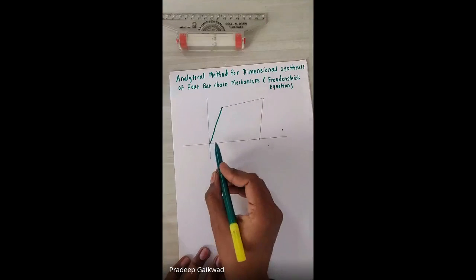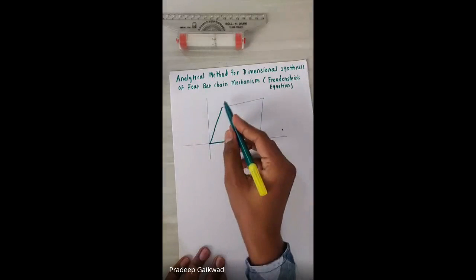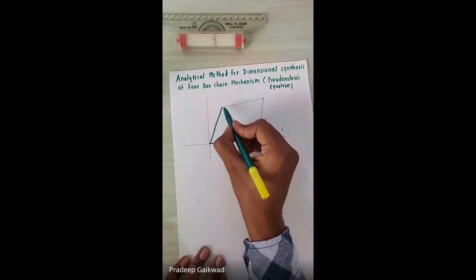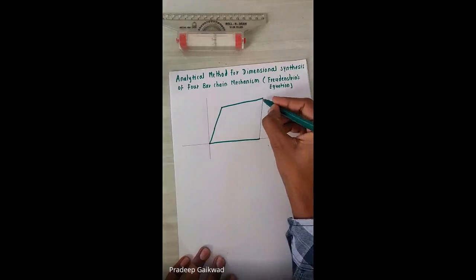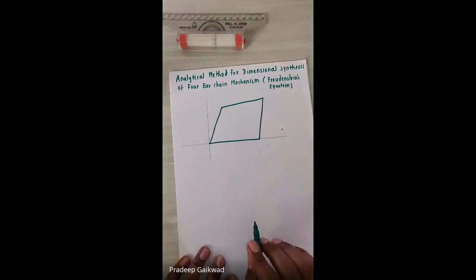Let's say the fixed link is L1. This one is the second link, we call it L2, the length of the link is L2. This one is L3 and L4. So L1, L2, L3, L4 are the link lengths.